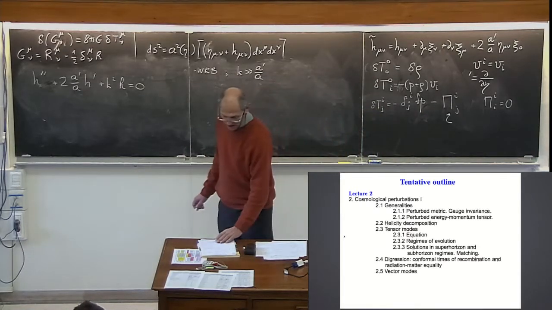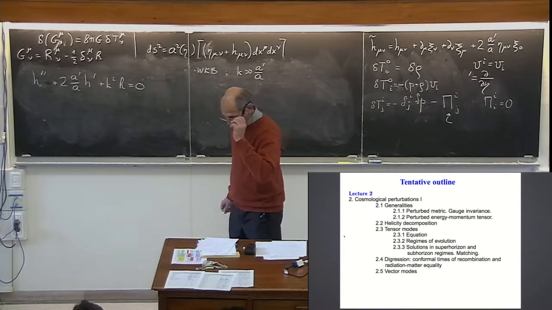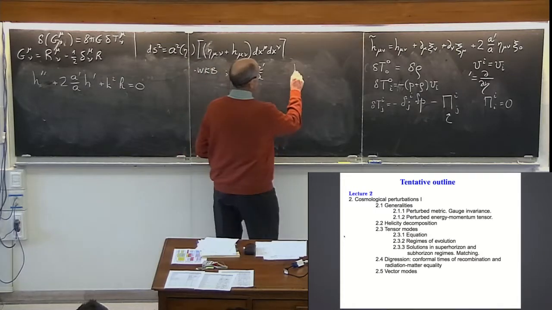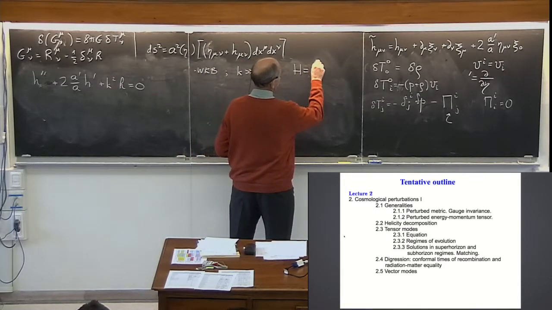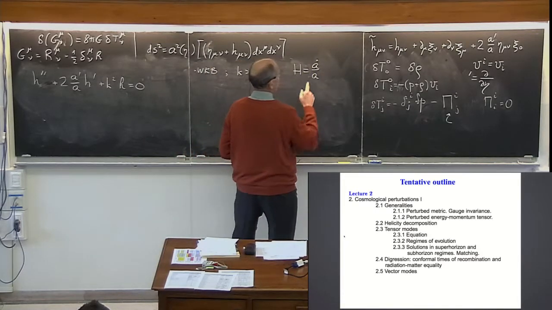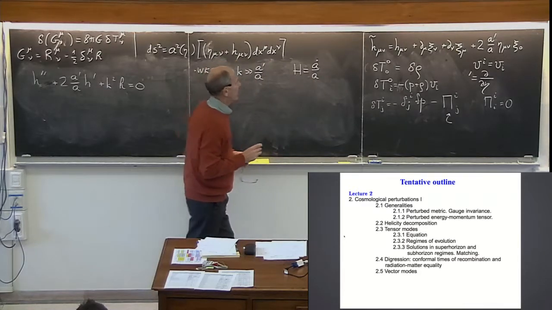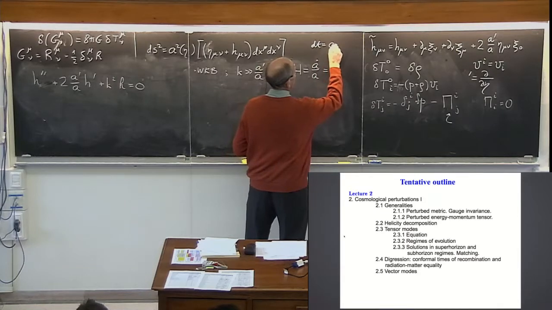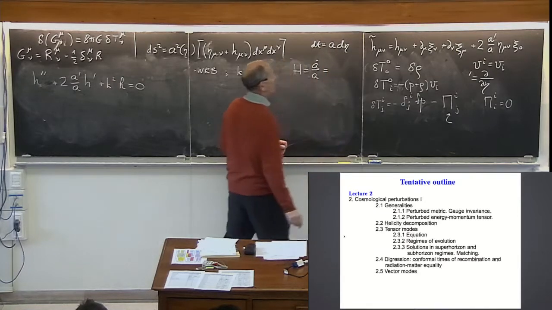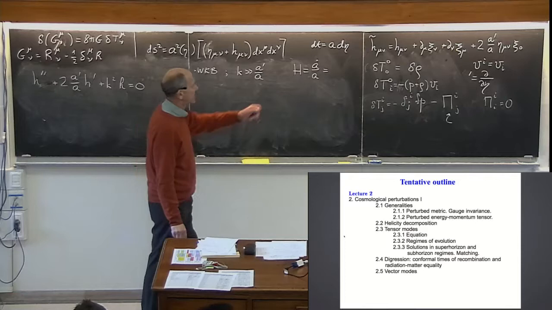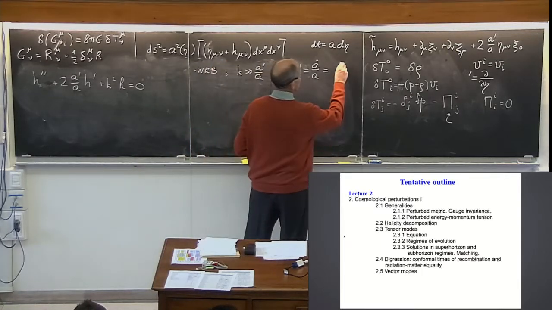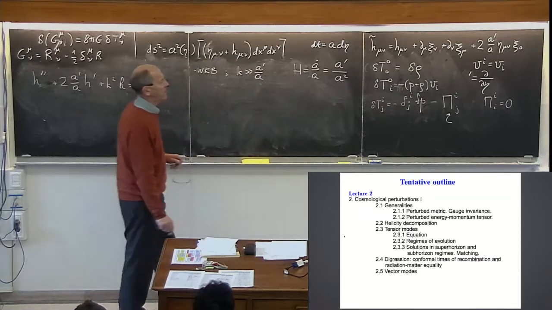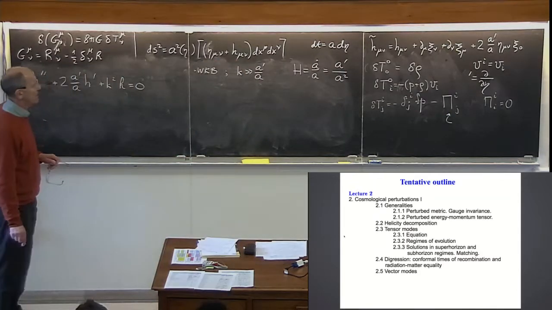What does this mean physically? Let's recall that the Hubble parameter is ȧ over a. Since dt equals a dη for our conformal time, it's in the denominator here, so it's equal to a' over a², where remember prime means d over dη.